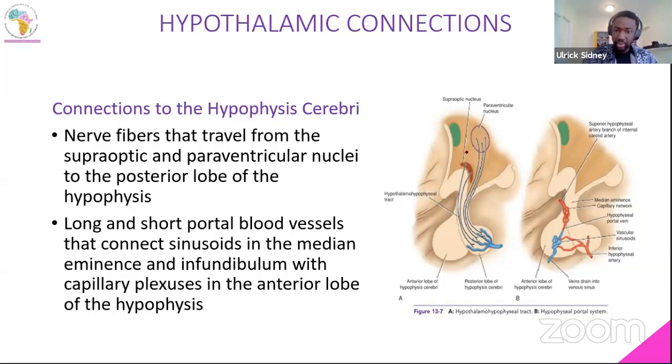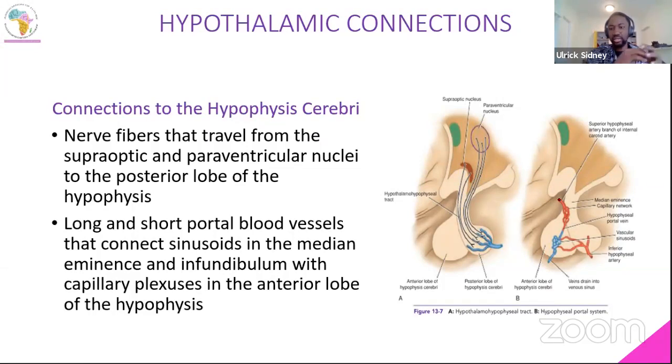And between these two, there is a very particular blood circulation, which is a portal circulation. The circulation here, we'll speak about the vascularization in terms of nutrition, but in terms of function, it is important for the hypothalamus to be able to detect changes in the blood.